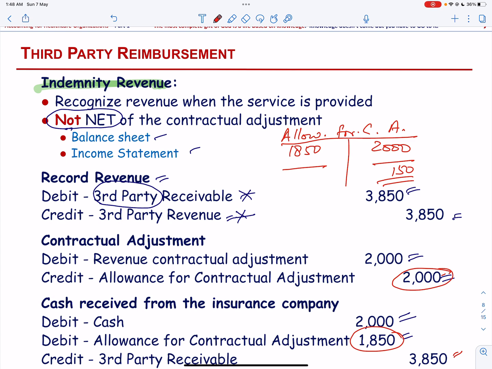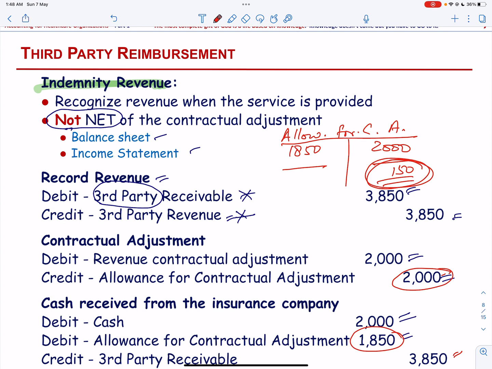You may be wondering now, if a balance is left in a receivable allowance account when there is no corresponding receivable for it, what would this balance of 150 be for? How is it going to be recorded in the balance sheet if its corresponding third party receivable has been closed and no longer exists?